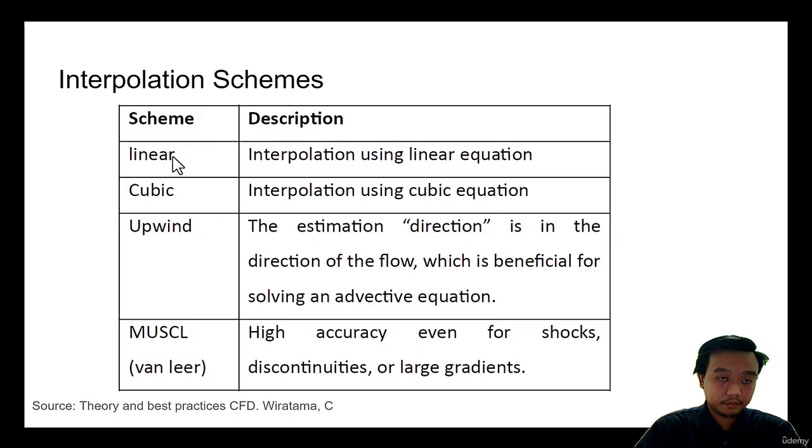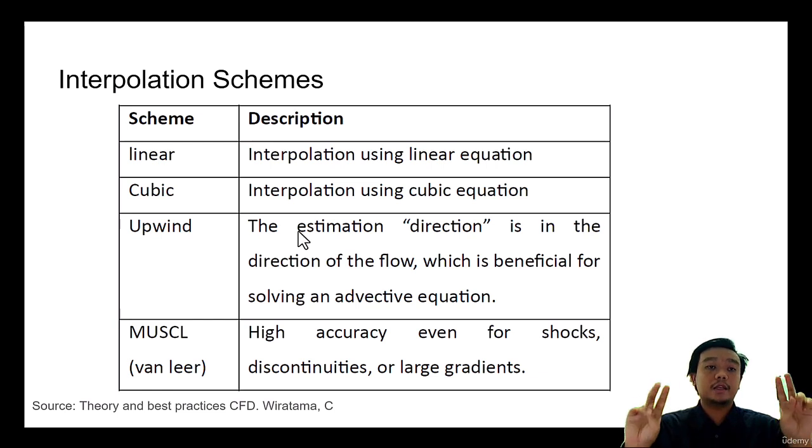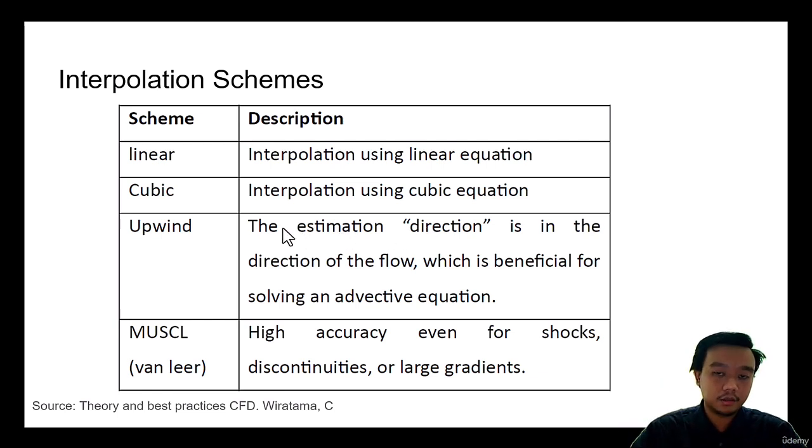Linear and cubic are basically just different in order. The upwind scheme is basically a calculation that follows the upwind direction, so it is quite beneficial if we are solving the advective equations, which are solved from inlet to outlet, or upwind. We also have another scheme, which is MUSCL or Van Leer.